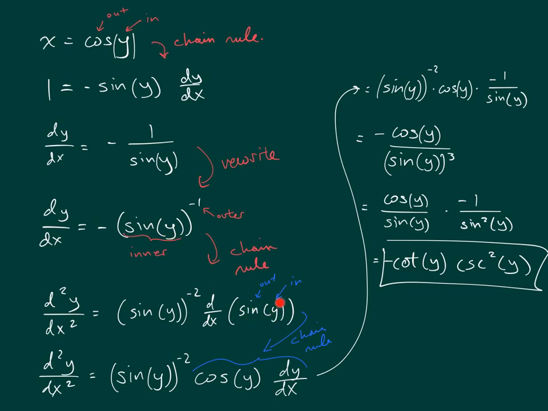Now, as I do this, I'm in a very similar situation that I was up here, where I have an outside function and an inside function, and I have to do the chain rule again. So the derivative of the outside function is cosine, leave the inside function alone. The derivative of the inside function is dy dx. And then I remember from the last example, I have to have dy dx rewritten as whatever it's equal to.